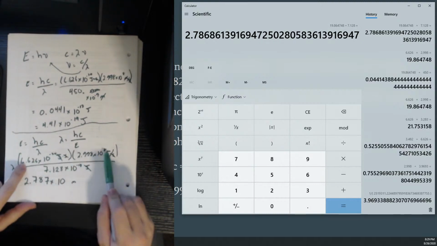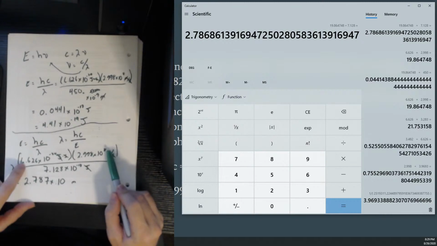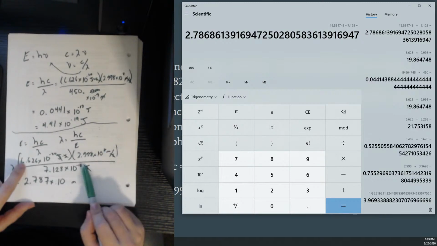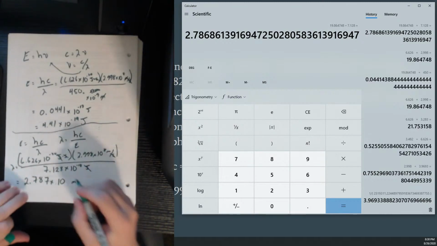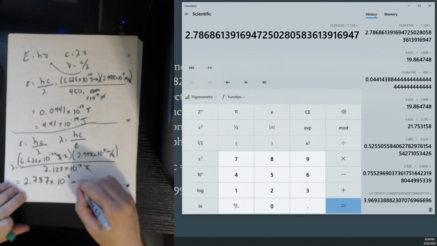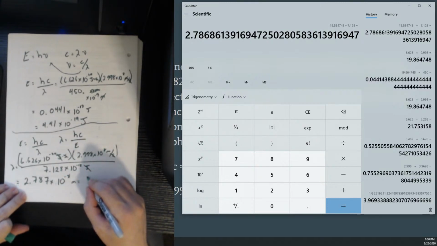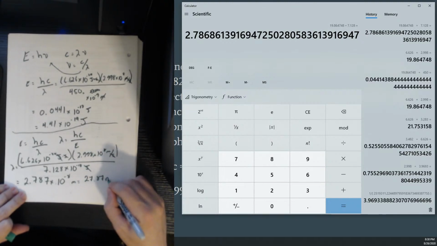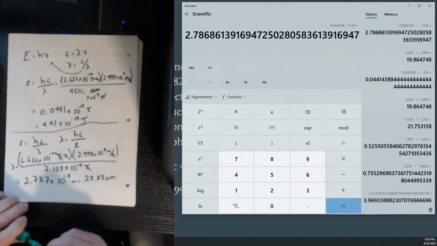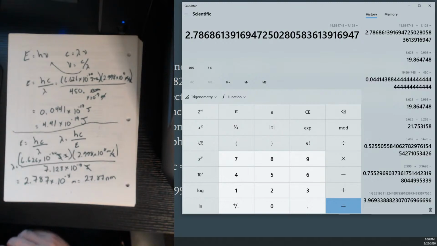Negative 34, negative 26. Yep. 26 minus 18 is going to be negative 8 meters. Or, put it another way, 27.87 nanometers. So this is not in the visible spectrum. This is way far off into ultraviolet. This is a lot shorter than the 400 nanometers of visible light.